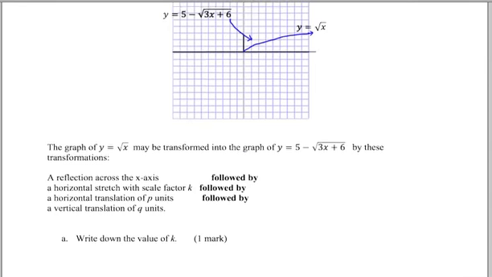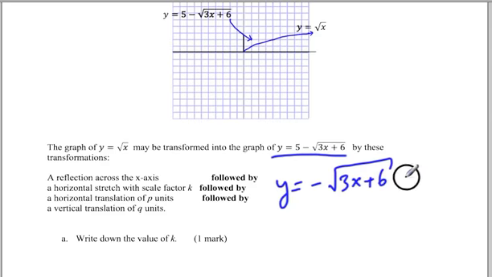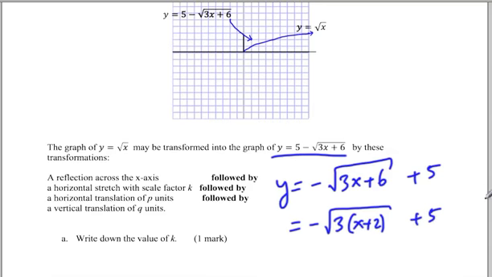Okay, so the best way to do this is you must remember that you must always factor. So the first thing you should do, before factoring, is rearrange. So if I rearrange this, this is 3x plus 6, plus 5. And then if I factor, it's simply 3 times (x plus 2), plus 5, right?